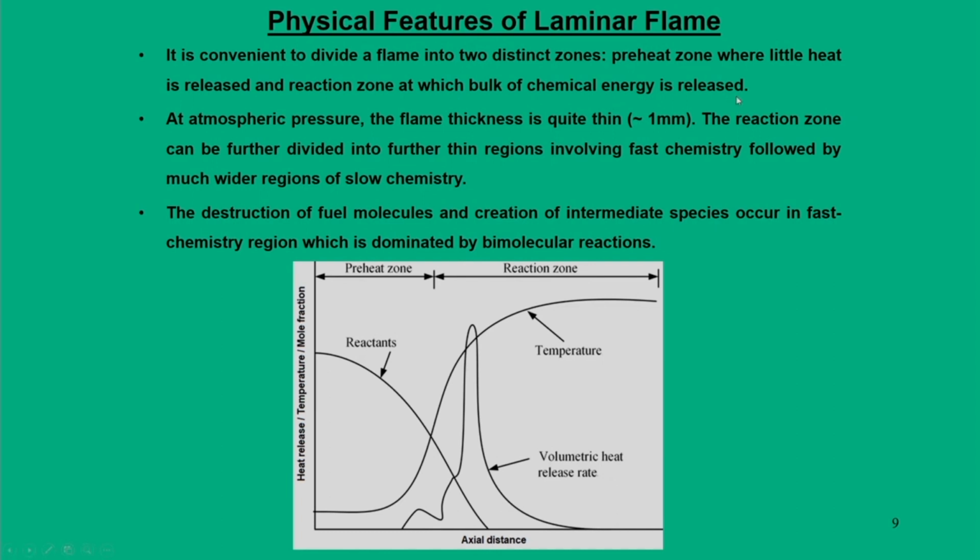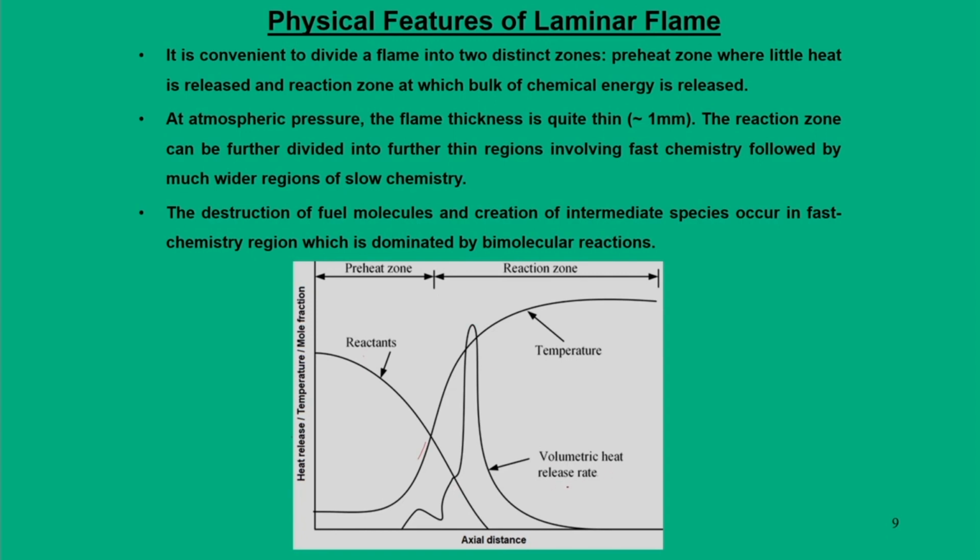So, if you look at this particular figure, we are looking at axial distance versus heat release or temperature or mole fractions. As you go in the axial direction, obviously the concentration or mole fraction of the reactants drops, and when the reaction keeps on happening, the temperature shoots up at a very fast rate, and at the same time there is enough heat release.